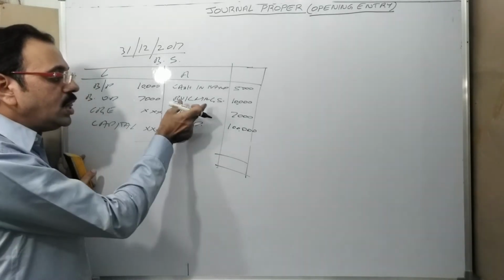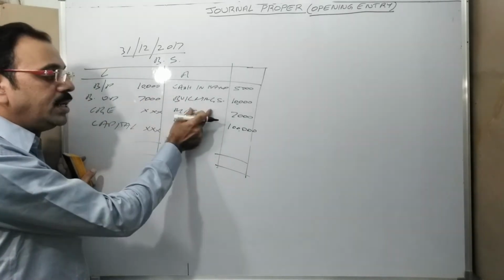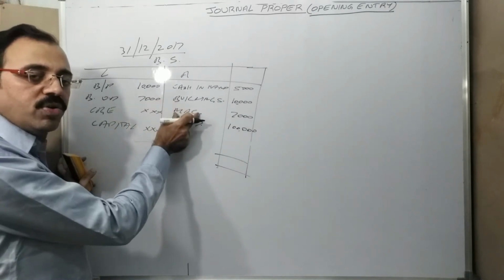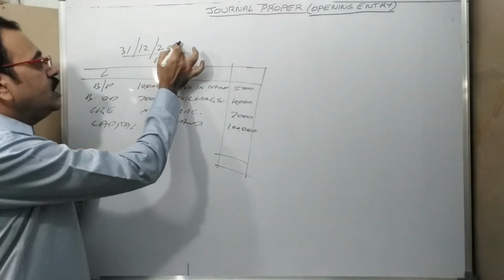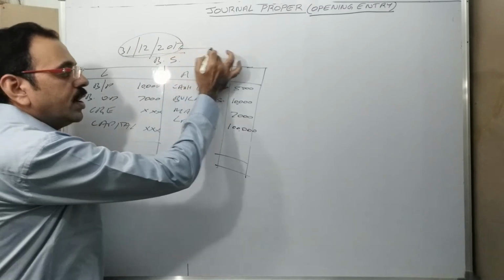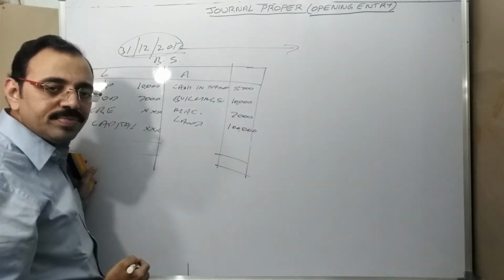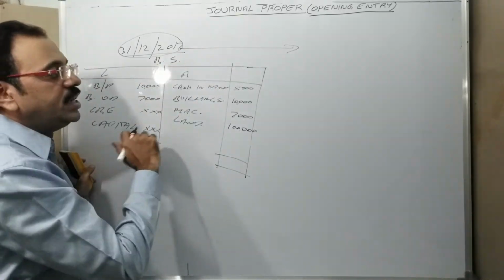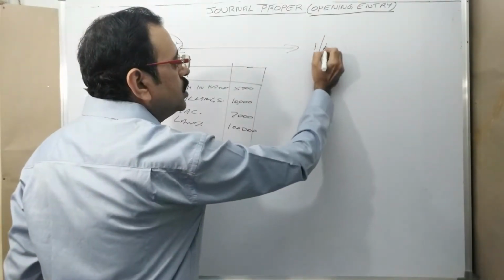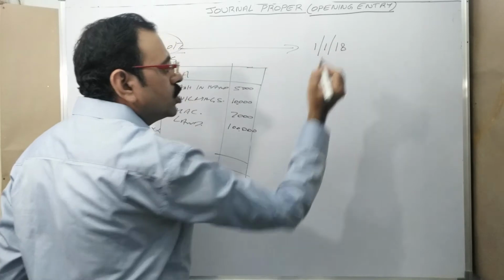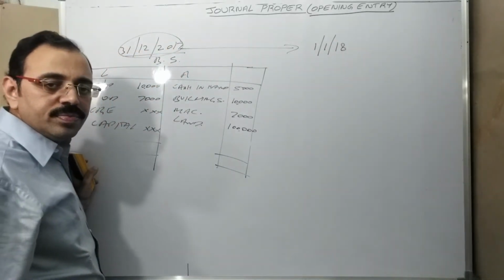Now, all these real accounts and personal accounts, what should we do? From this date to the next date, we should carry them forward. What is the immediate next date? 1st January 2018.